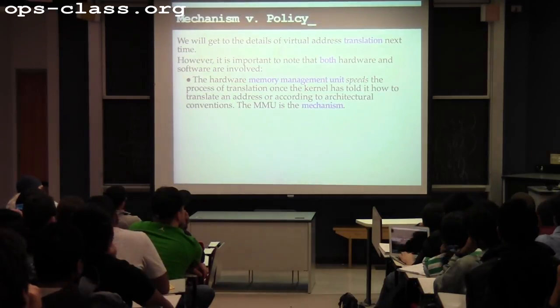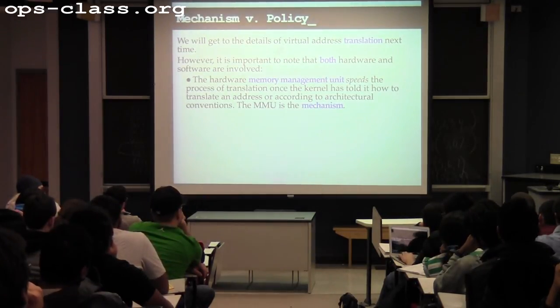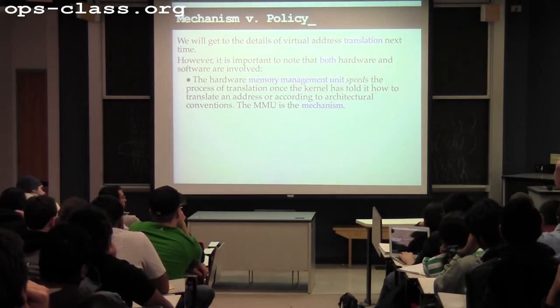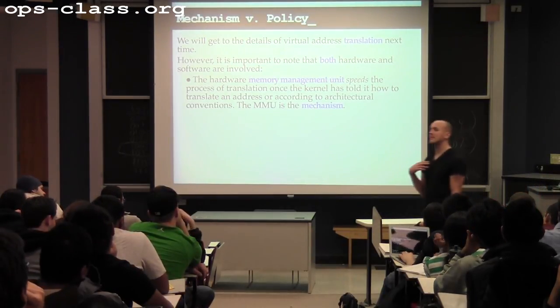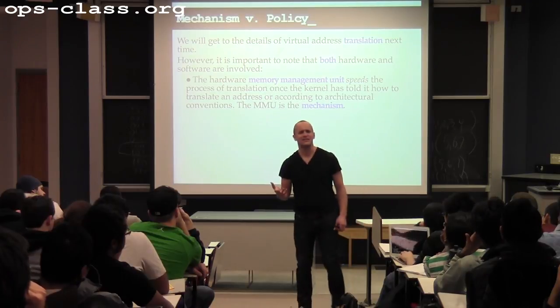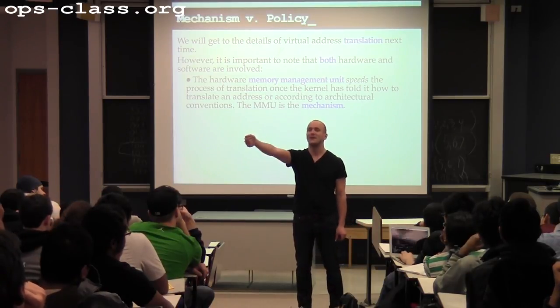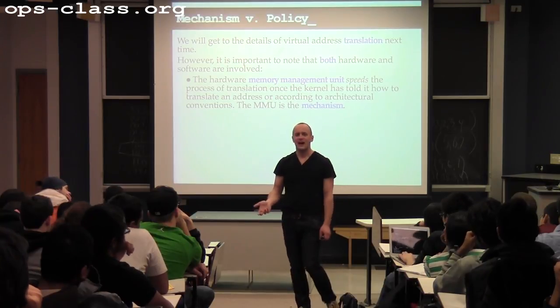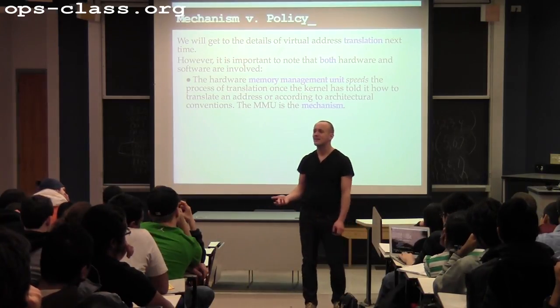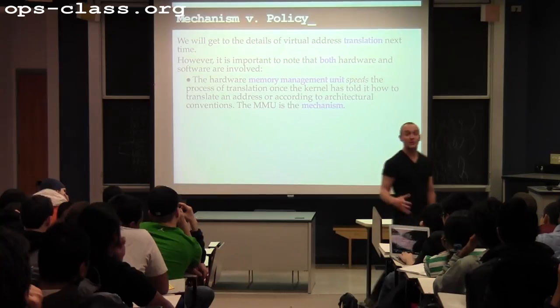We haven't talked about how to do that, right? But clearly, for example, one way I could do this is every time a process wanted to access a byte of memory, it could make a system call, essentially, right? Tell the kernel, load at this address, and the kernel could figure out where it was and do that. How terrible would that be, right?